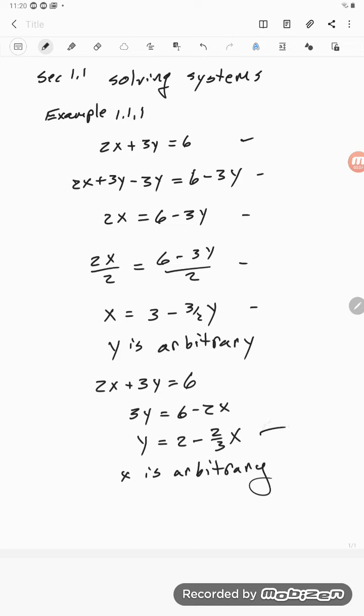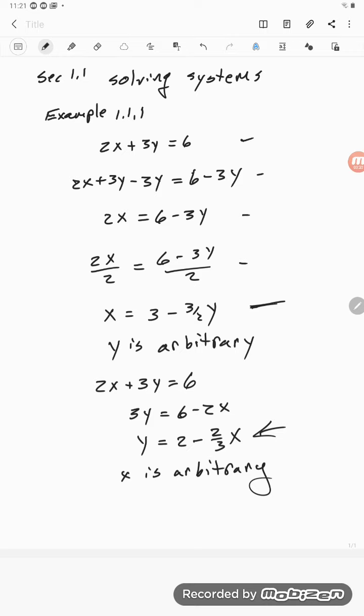But then y comes from x. And we're very used to seeing this sort of thing for a straight line, right? But you see, x is arbitrary. So any time I change x, I do change y. But given an x value, y is fixed. Or up here, given a y value, x is fixed.